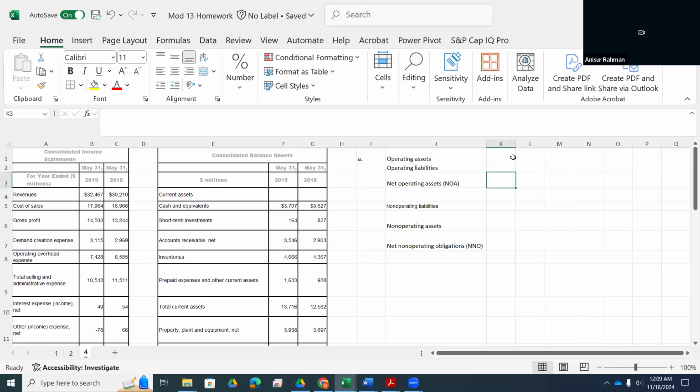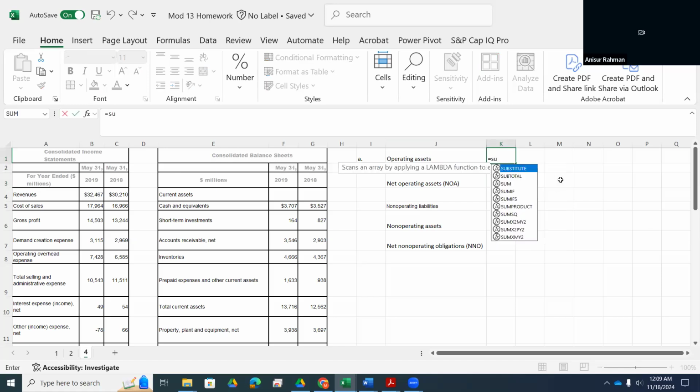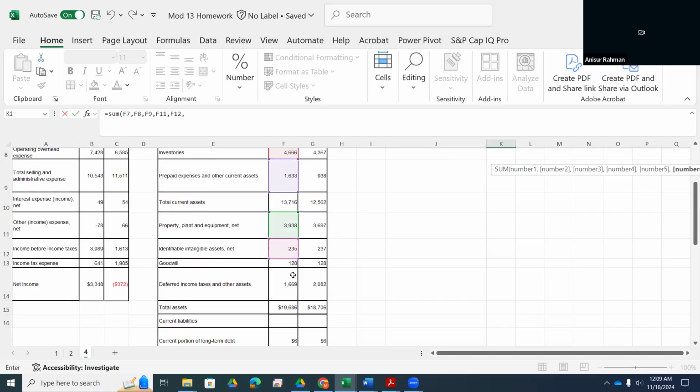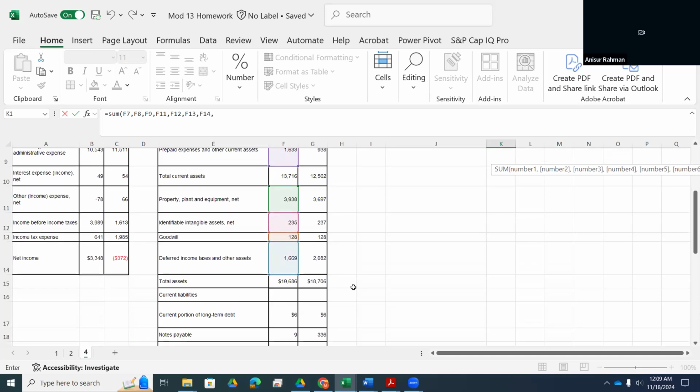Our operating assets is equal to the sum of our receivables, inventories, prepaid expenses, property, intangible, goodwill, deferred. That's it.